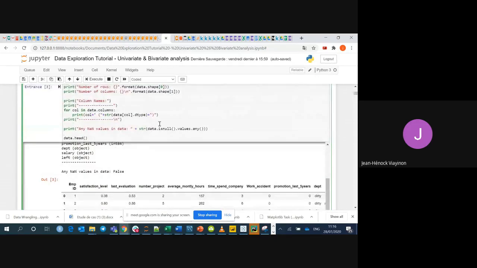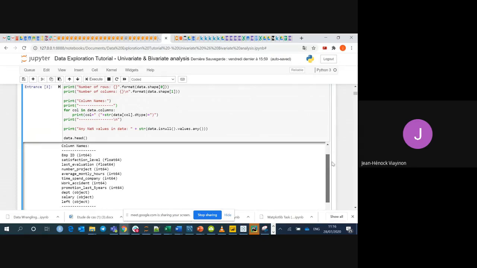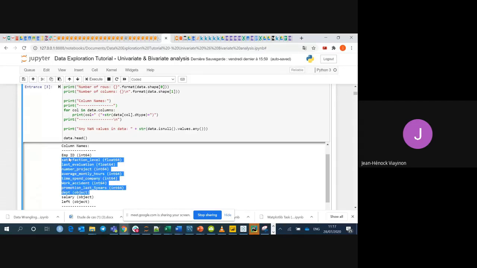Here I'm pointing out the data type of each column. This is the kind of analysis we should do to know our variable types, since some could be quantitative, some qualitative, or both. You can see the columns we have: satisfaction level, last evaluation, number of projects, average monthly hours, time spent at company, and work accident.